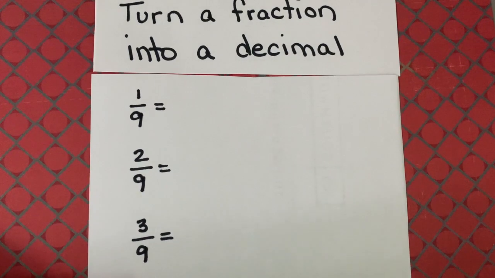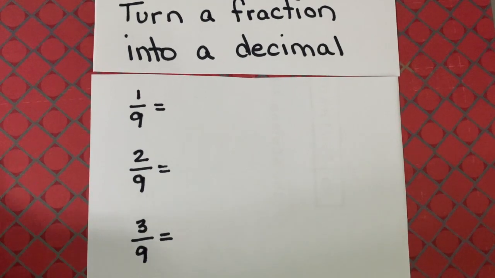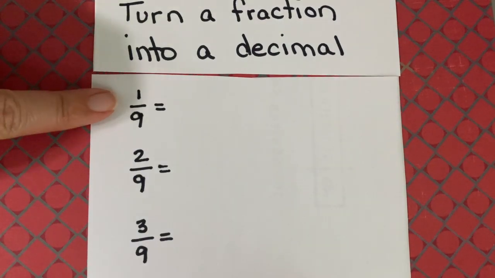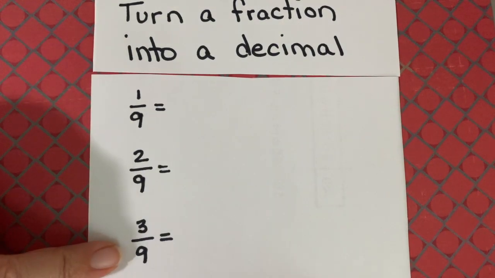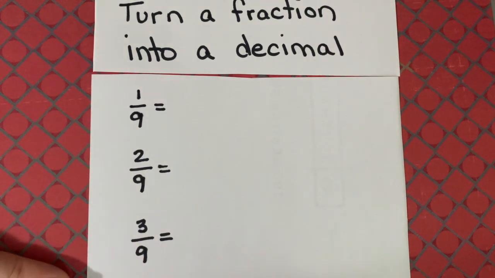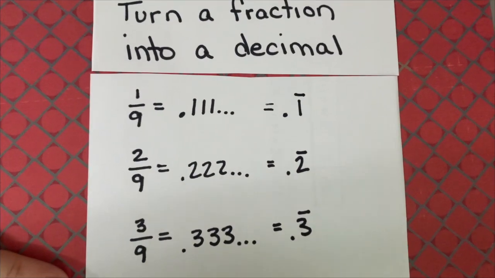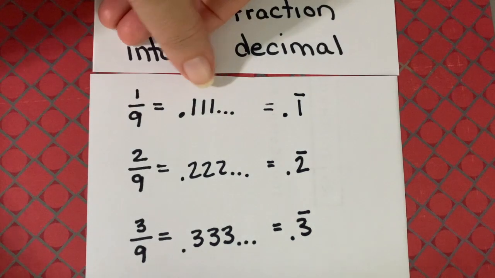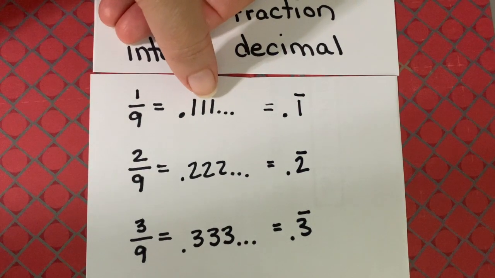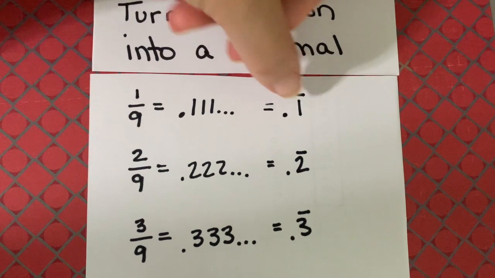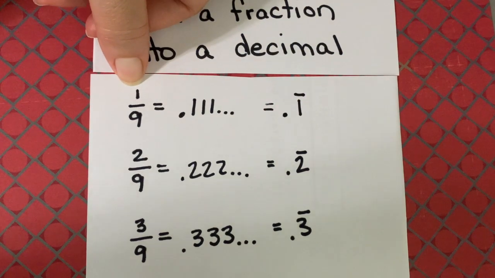Now, use a calculator for this one. Just really quickly turn 1/9, 2/9, and 3/9 all into decimals and tell me what you notice. Each of these becomes a repeating decimal, and notice that the number that's repeating is the number that's in front of the 9.